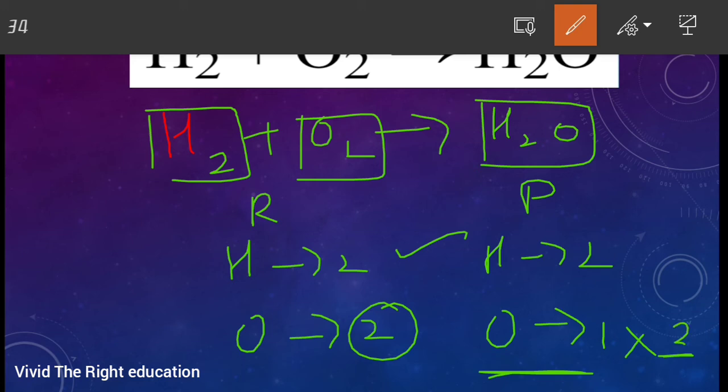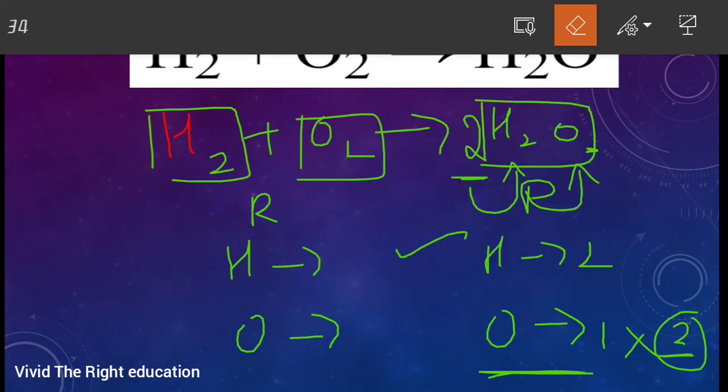Exactly, it's 2, right? So the number I got, 2, I am writing outside the box because I cannot put it inside. If it enters, the whole reaction will become messy. So the number I got, I put it outside the box. This 2 will multiply the hydrogen as well as the oxygen both.